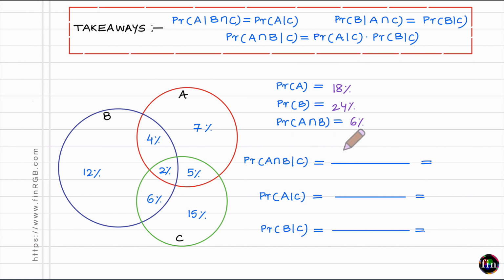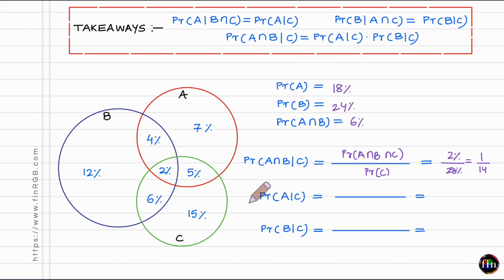It will very simply be equal to probability of A and B and C divided by probability of C. This diagram tells me the probability of A and B and C is 2%. What is probability of C? 15 plus 6, 21 plus 7, 28. So this is actually 1 over 14.